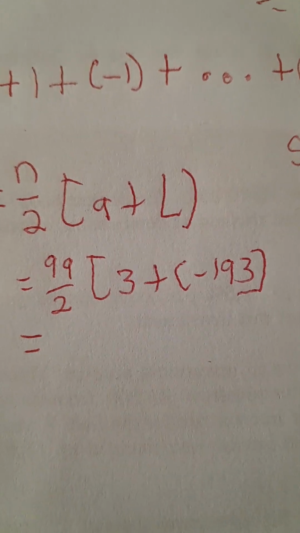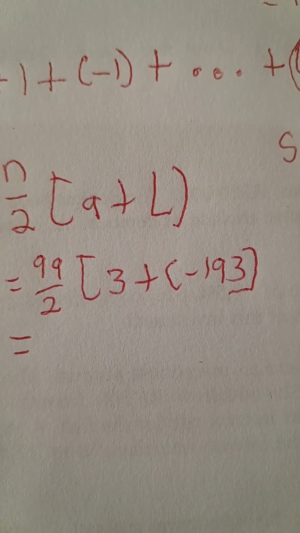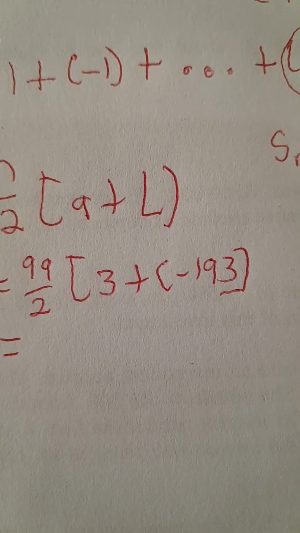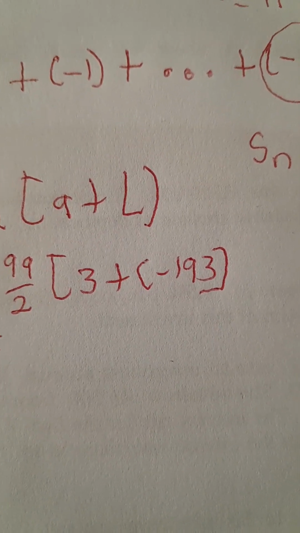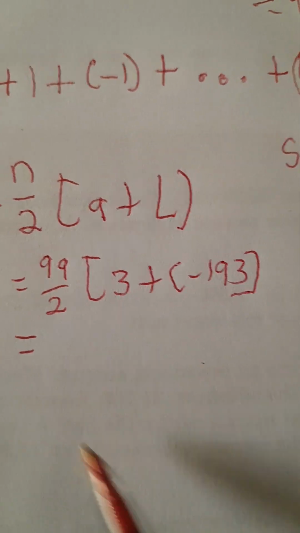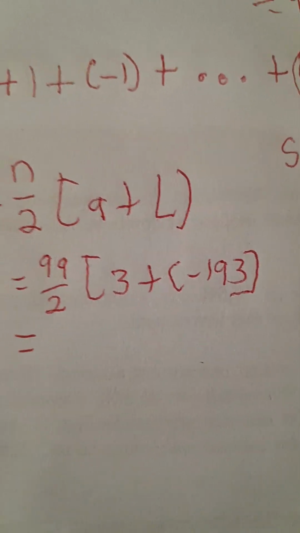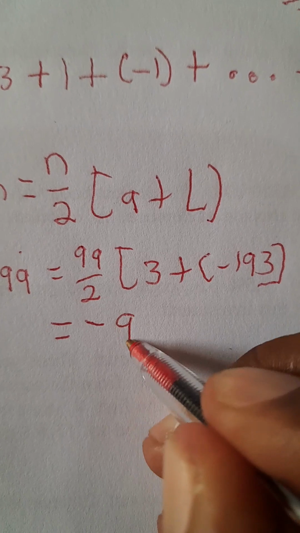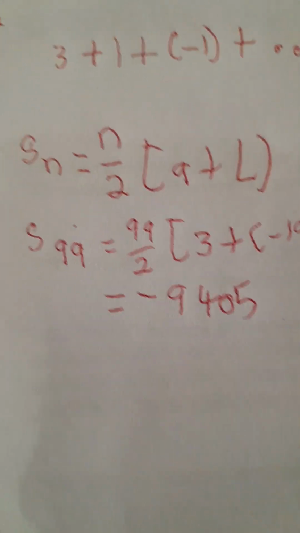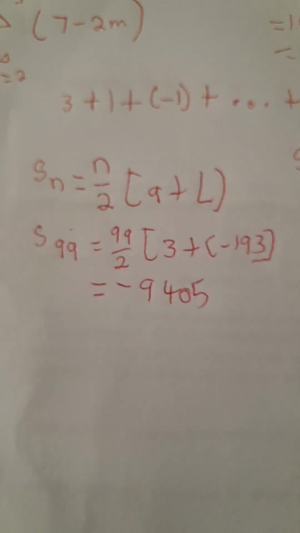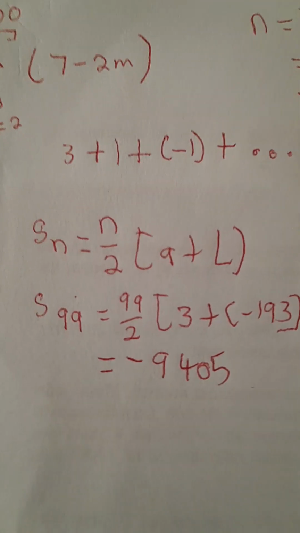Or you can simplify further by simplifying the bracket, so we can say 3 plus negative 193, all over 2. Let's punch the whole thing. Then what are we getting? We are getting negative 9,405.